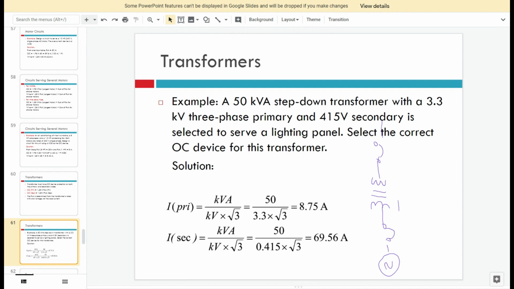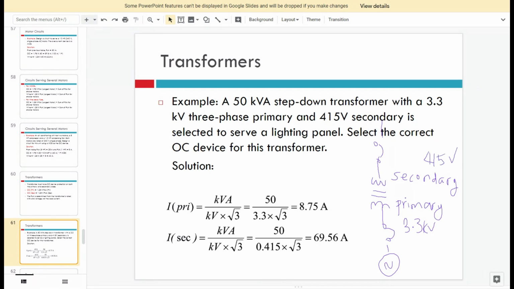So this one is the primary. This one is the secondary.